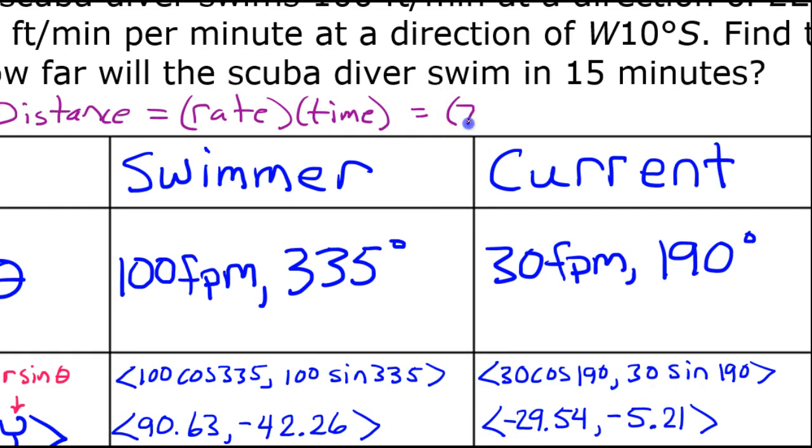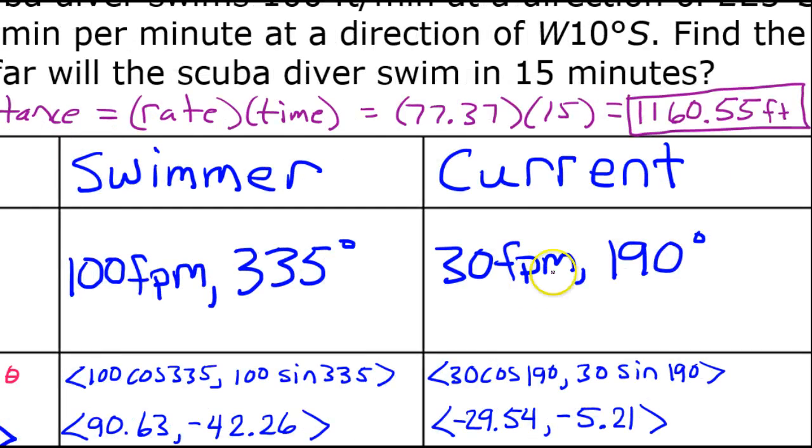All right, so 77.37 feet per minute times 15 minutes. That should give us the distance. So that's 1,160.55 feet. All right, so that's the answer to the extra little question.